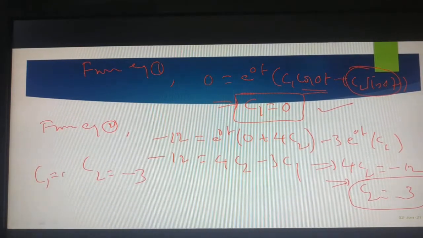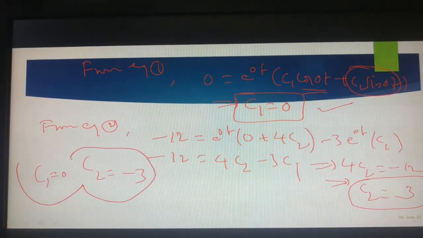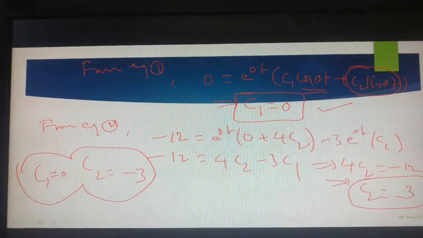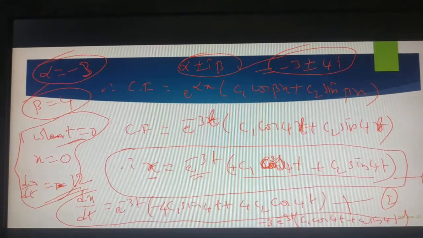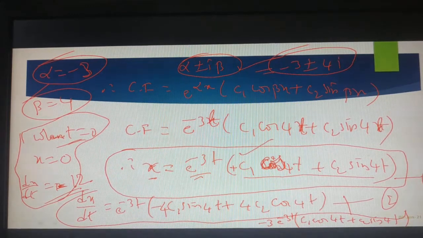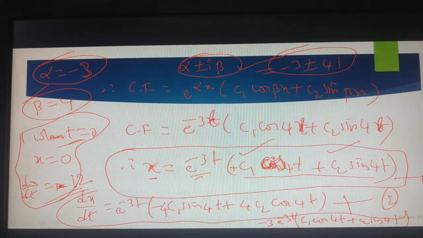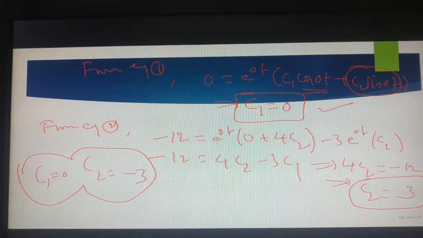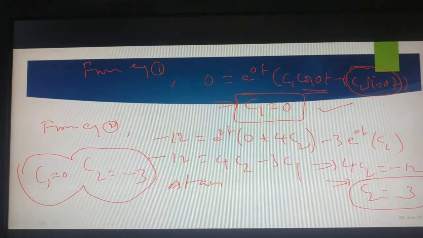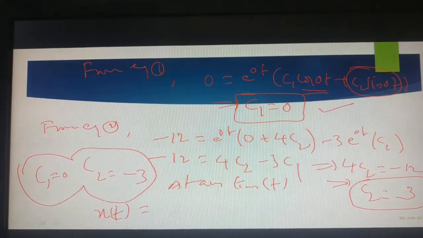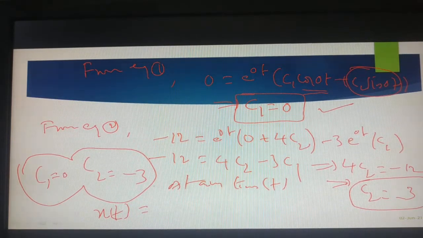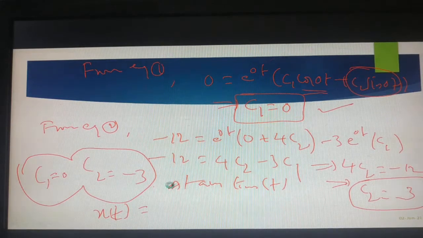Okay. So now we have c2 value minus 3 and c1 value is 0. These two values, which are arbitrary constants, we can substitute back into your solution, because at any time t, once you find these constants, you substitute them back. We will write at any time t, x of t is equal to, we can substitute these c1 and c2 values in equation 1.